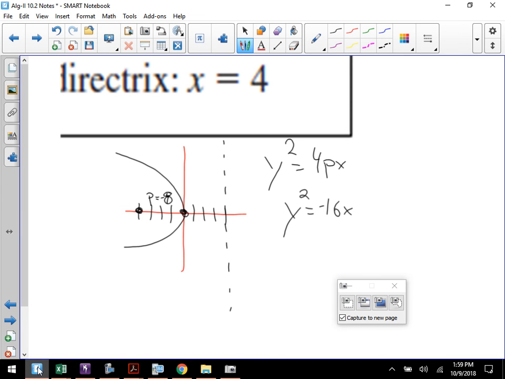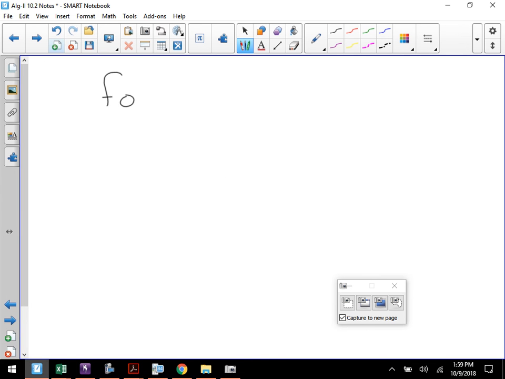Okay? Last one, let's say your focus is at 0, -4. Oh, we just did -4. If we have a focus located at 0, -7, I want to write the equation of the parabola. Again, we're centered at the origin, so don't worry about that. Rough sketch it, see what we can come up with.